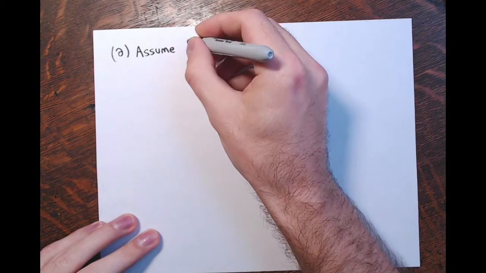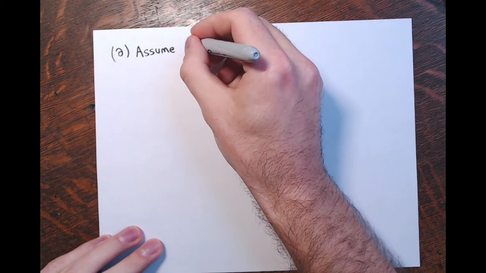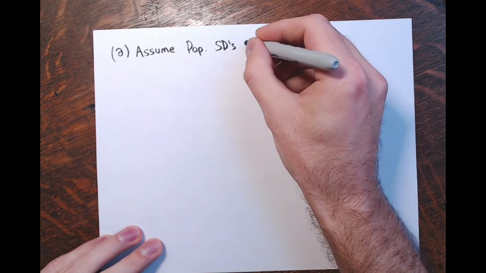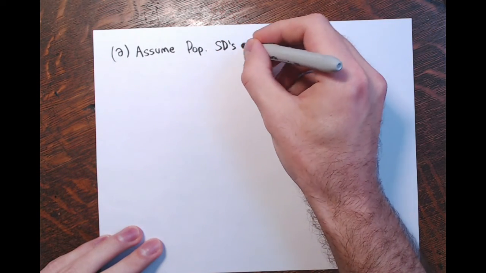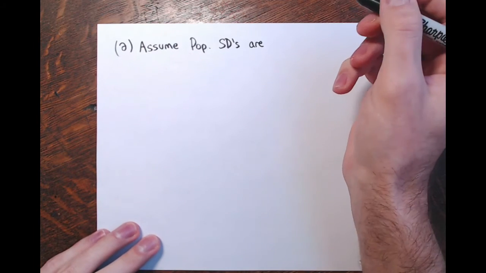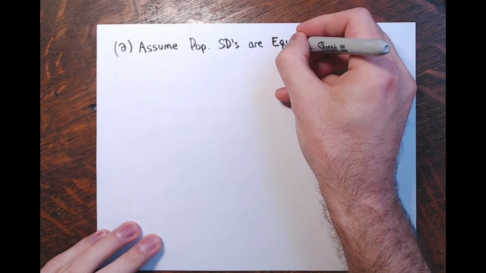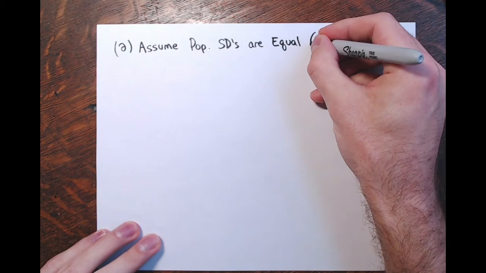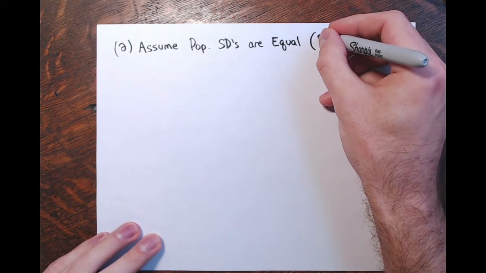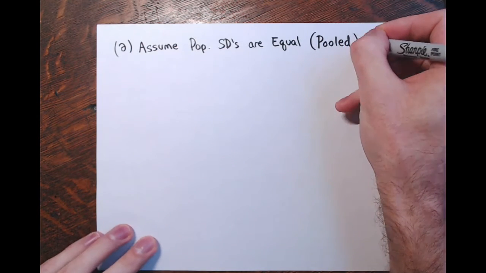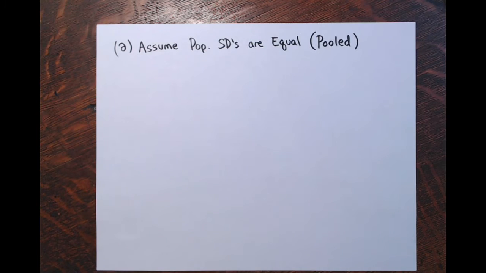So this is assuming that the population standard deviations or the population variances, because again the variances are just standard deviations squared, are equal. In this particular case, this is what's called a pooled scenario, where we're going to be calculating a pooled estimate of the standard deviation for the difference in our two sample means, and you'll see what I mean in a second.